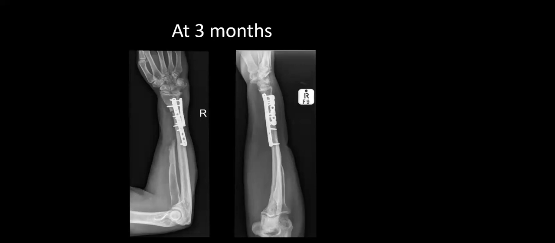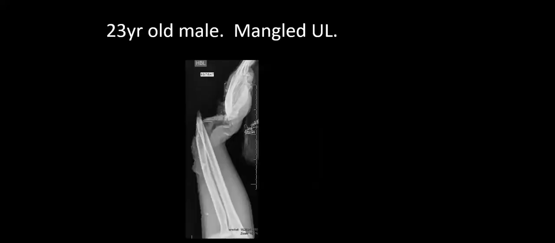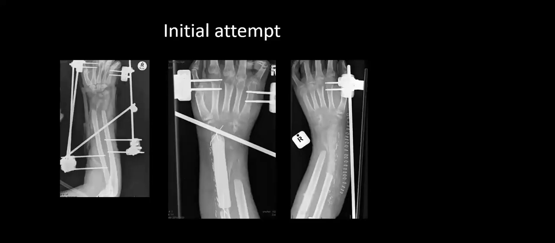Now, you can do many variations of this technique. Basically anything where you end up with a single bone in the forearm, you can call a single bone forearm reconstruction. This is another case of a mangled upper limb with segmental bone loss in the distal radius and the ulna, initially managed by another team that tried the Masquelet technique.